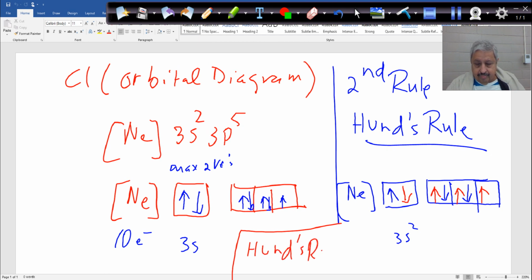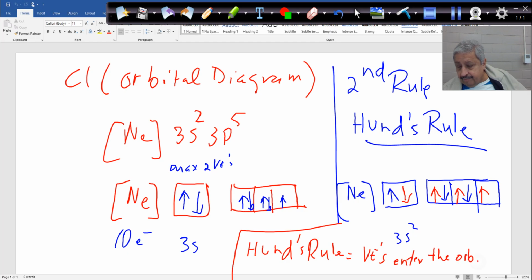Hund's rule: electrons or the VEs enter the orbital or even suborbitals singly.